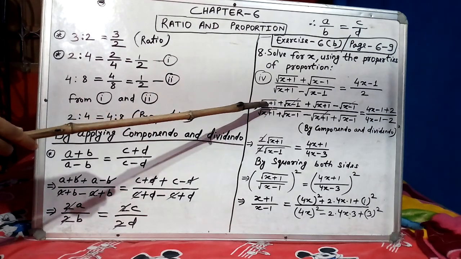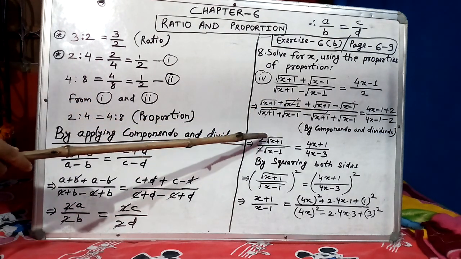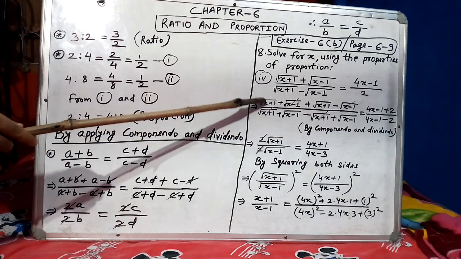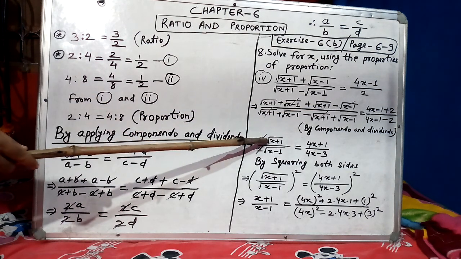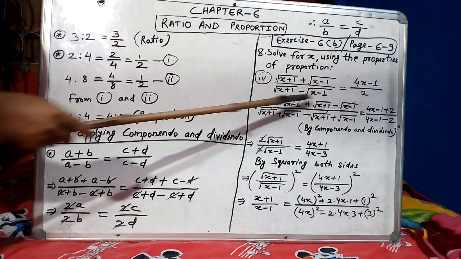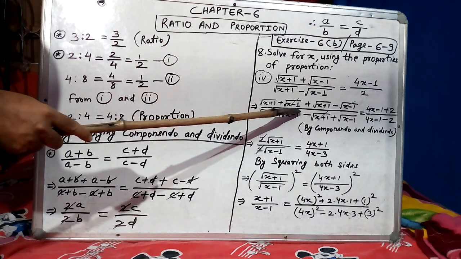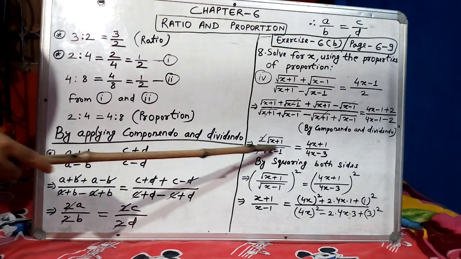Now after cancellation what happened? Root over x plus 1 plus root over x plus 1. Like mango plus mango is 2 mango, similarly root over x plus 1 plus root over x plus 1 is 2 root over x plus 1. And root over x minus 1 plus root over x minus 1 is 2 root over x minus 1.